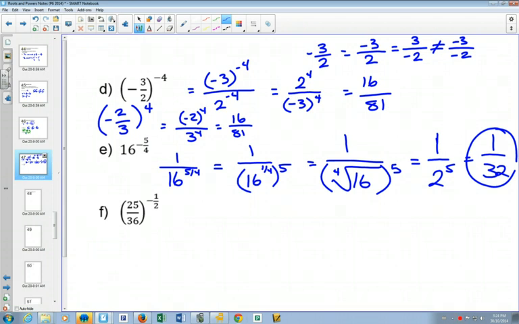So if we can write it in a way that we can think of it as a 4th root, we'll be able to figure it out. And 16 happens to be one of those numbers that works out perfectly. 2 times 2 times 2 times 2 is 16. So the 4th root of 16 is 2. And then you have 2 to the 5, which is 32.